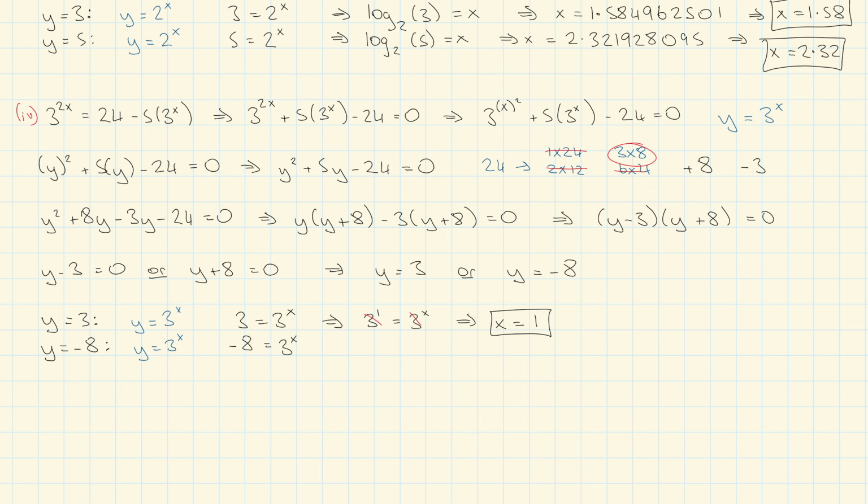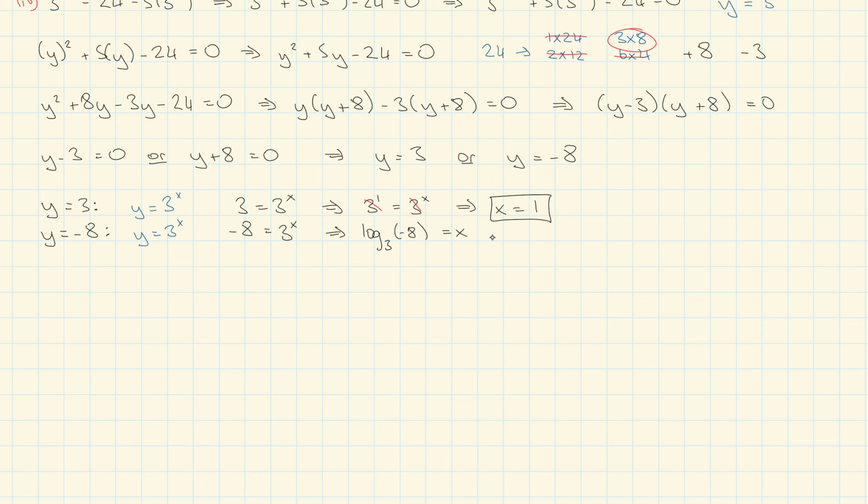For this one here, if we're going to use log notation, it'll be log to the base 3 of minus 8 equals x, which if you attempt to put into your calculator, log to the base 3 of minus 8, it will give back a math error.